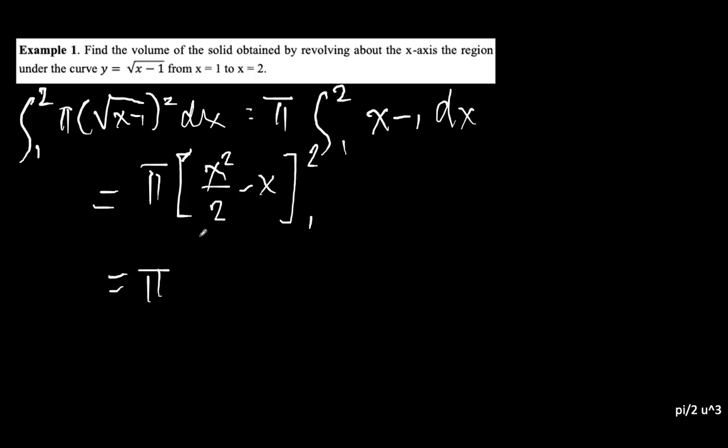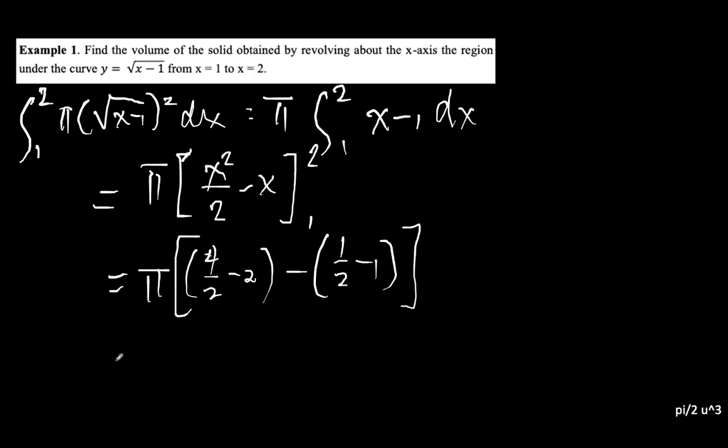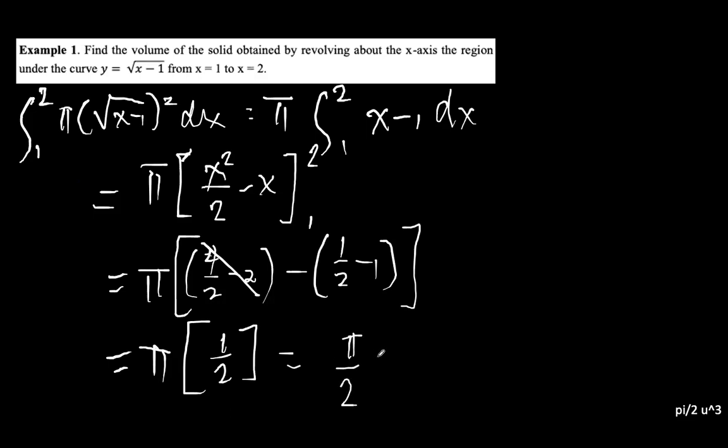So, this becomes 2 squared, 4 over 2 minus 2, minus 1 half minus 1. Parang ito ata may error to class sa LG natin. Okay? May mga error doon. So, kayo nang bahala mag-spot the error. Alam nyo na yan. So, this is 0 and this is 1 half. So, the answer is pi over 2.